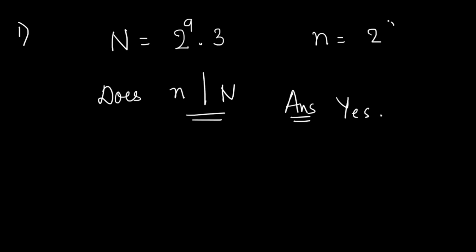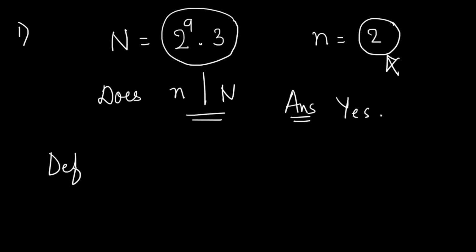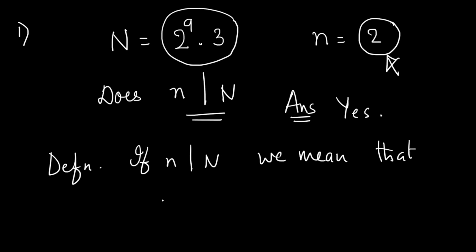The prime factor of small n, which happens to be 2, does occur in capital N. So let's write this down a little bit more explicitly. First we define what we mean by divisibility. It's an important definition. If n divides N, we mean that there exists k such that capital N can be written as n times some number k.